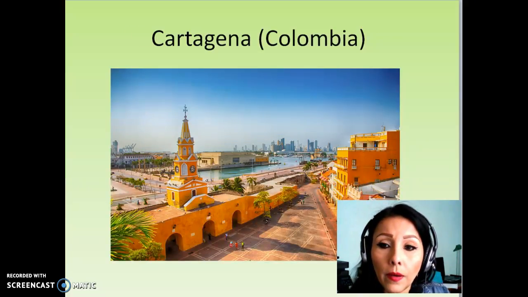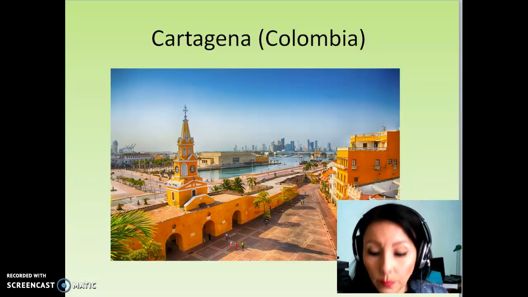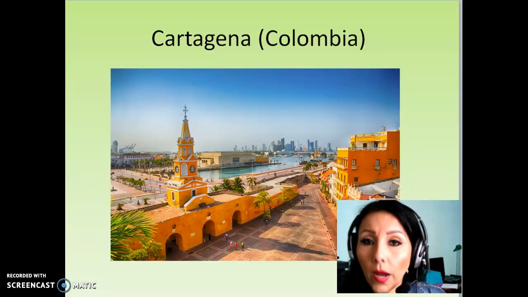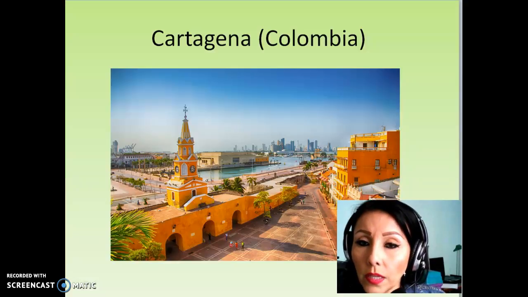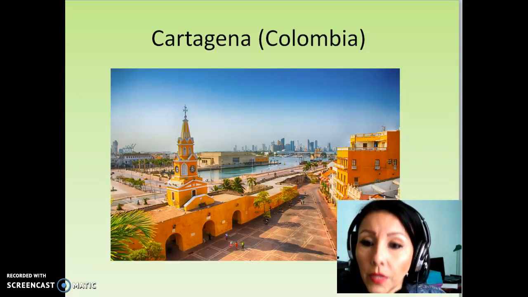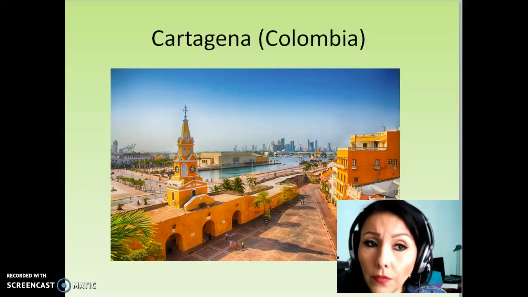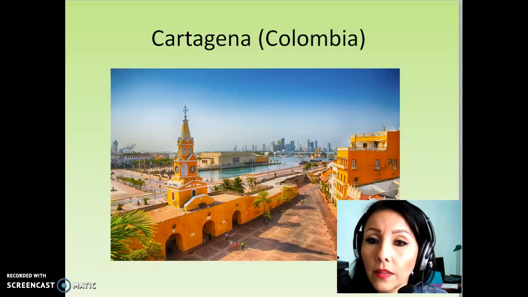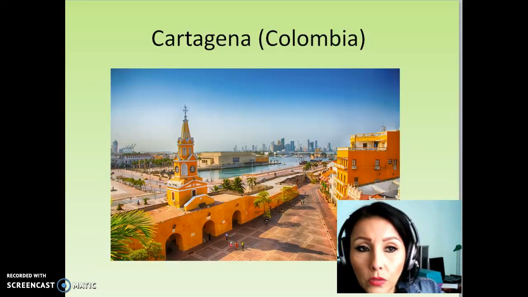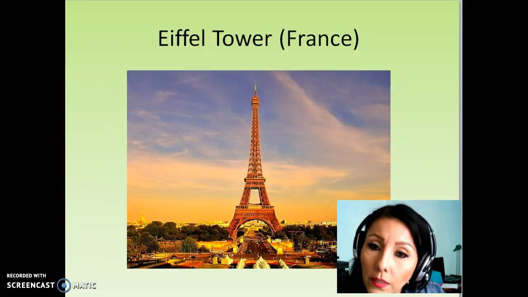After showing these pictures, I'm going to ask my students if they have been there before. If not, the idea is that they imagine the activities that are possible to do in these places.